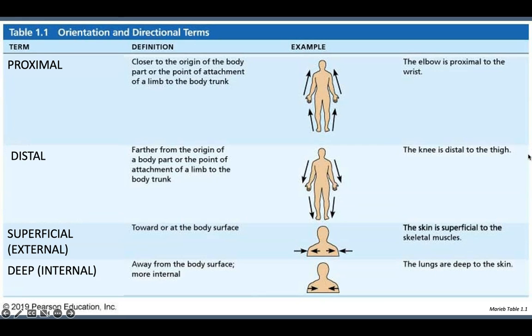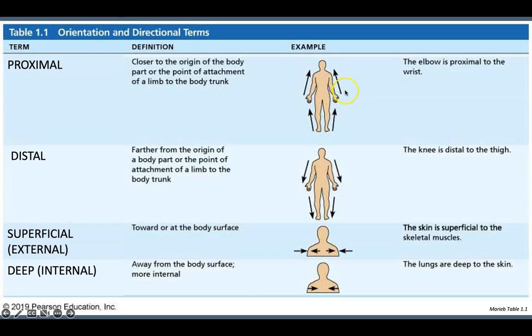Now we have proximal, distal, superficial, and deep. So proximal and distal are paired. We have, in this example, the elbow is proximal to the wrist. It just means that it is closer to the origin of the body part. So in this case, the arm is attached to the rest of the body via the shoulder, and so we can say the elbow is proximal to the wrist.